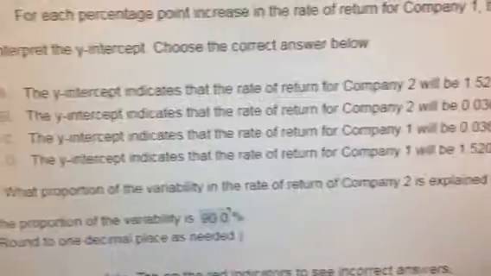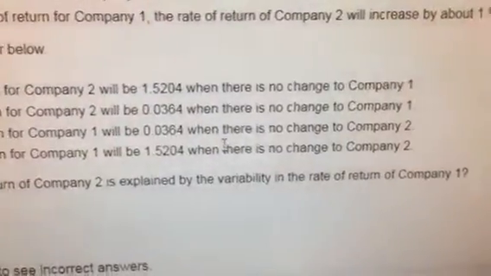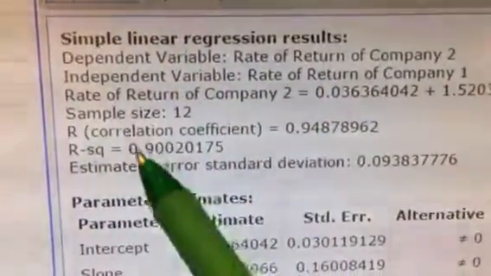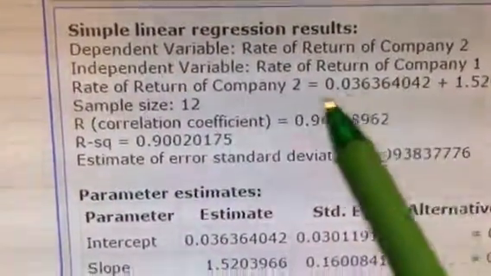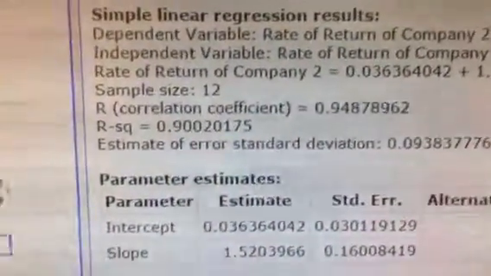In this problem it says, what proportion of variability in the rate of company 2 is explained by the variability in the rate of company 1. Go back to this. All this is talking about is this r squared right here. They took this number and squared it and came up with this. This is called your proportion of variability or your coefficient of determination.